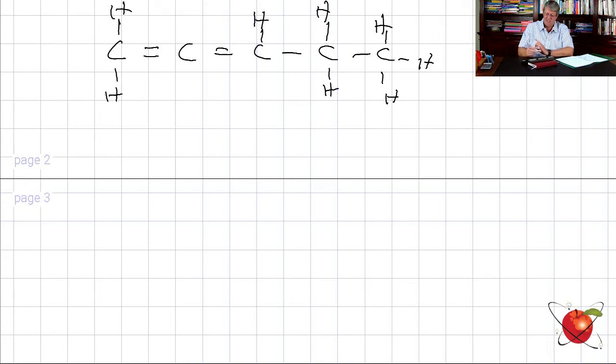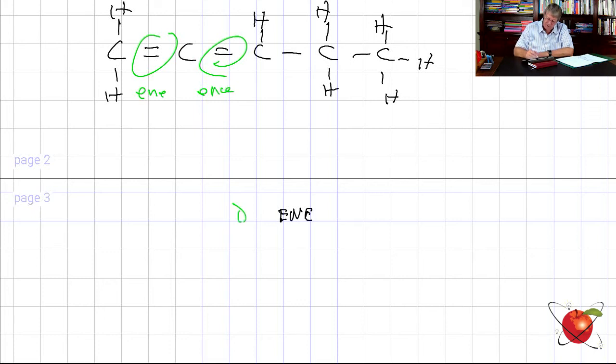So first of all, I say, right, what is it? It is an ene. There are 2 enes. Ene number 1 and ene number 2. Therefore, it is a diene because there are 2. 3, triene. Okay. 4, tetra.